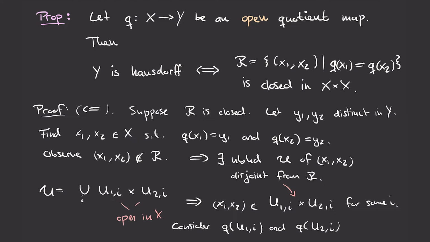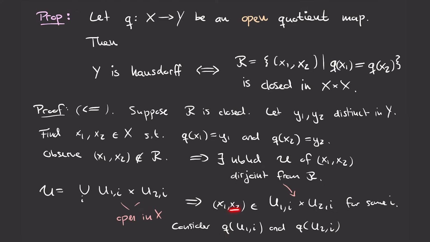Next, we observe that Y1 is contained in Q of U1i. Why is this? Well, this is because X1 is contained in U1i, and moreover, Q of X1 is equal to Y1, which means that Y1 needs to be contained in the set Q of U1i.